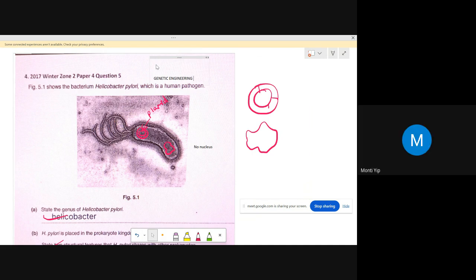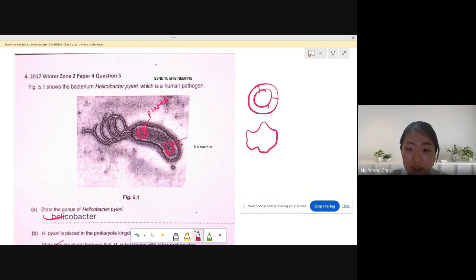So you have the circular DNA. And for the prokaryote cell, they have this kind of structure, these small black spots. This structure is known as the ribosome.